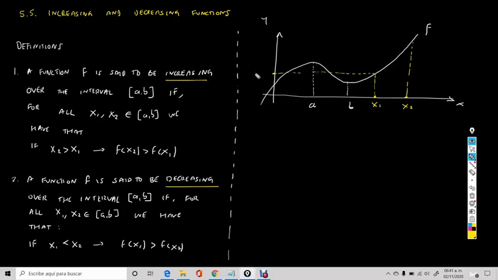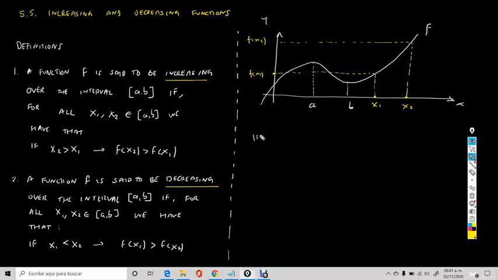This is f of x1, and if this is x2, then we trace this perpendicular to the x-axis, and then this other perpendicular to the y-axis, so that we can find f of x2. So basically what we can see is the following.